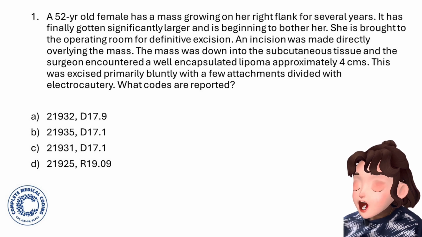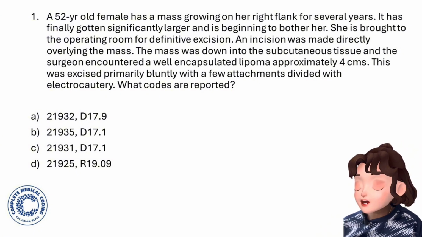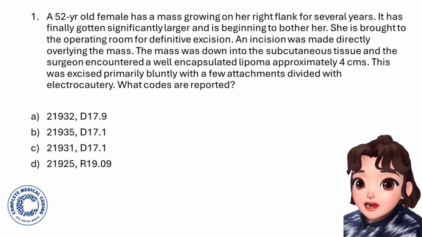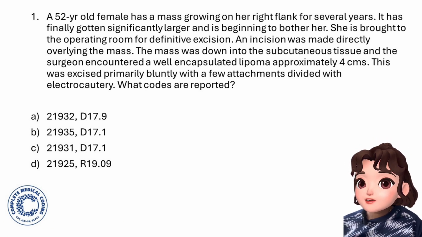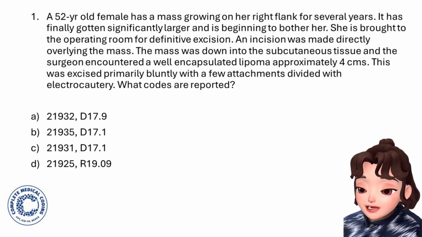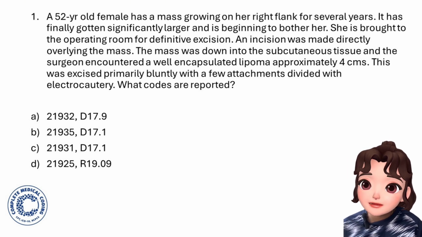21935 represents radical resection of tumor, soft tissue of back or flank, less than 5 centimeters. This is less than 5 centimeters, but it's not a radical resection of a tumor. This is excision. So what is code 21931, option C? Excision, tumor, soft tissue of back or flank, subcutaneous, 3 centimeters or greater.